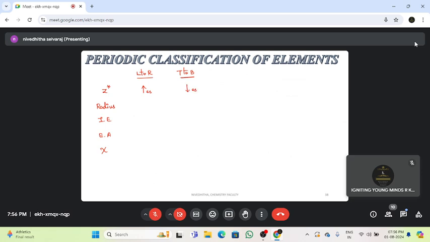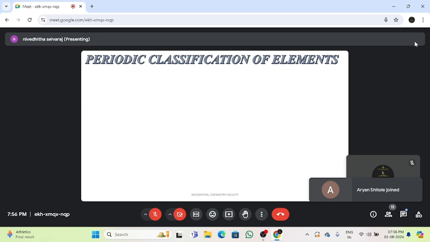That's it. If we understand this effective nuclear charge very clearly, then the rest of the properties are very simple. How about radius? Basically, what is radius? It is the distance from the center of the nucleus to the valence shell of the atom, right? So if the effective nuclear charge increases, what will happen to the radius of the atom?